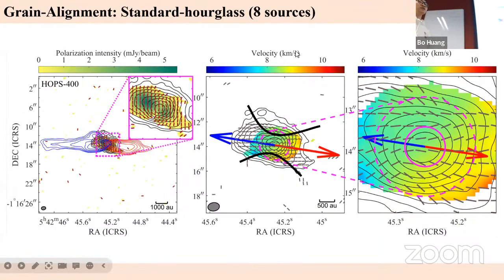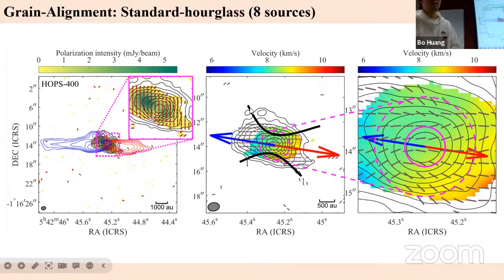After excluding these 17 sources, we have more complex, more extended polarized emission, which is thought to be caused by dust grains aligned with the magnetic field. Here we can still see the polarization vector, but for the second and third columns, the black vectors are the magnetic field.